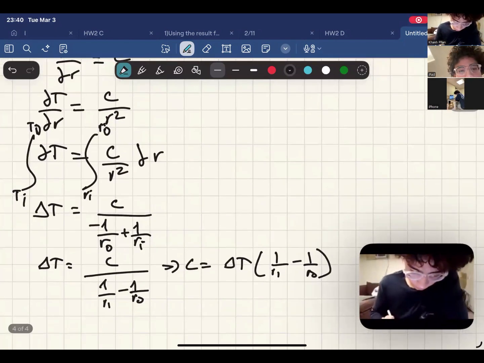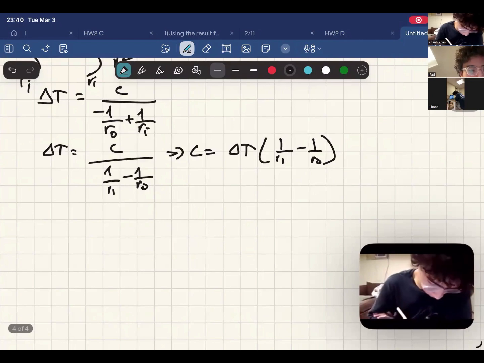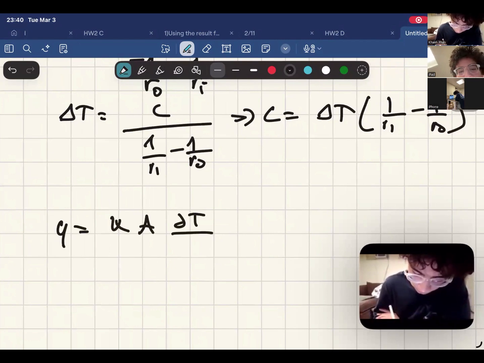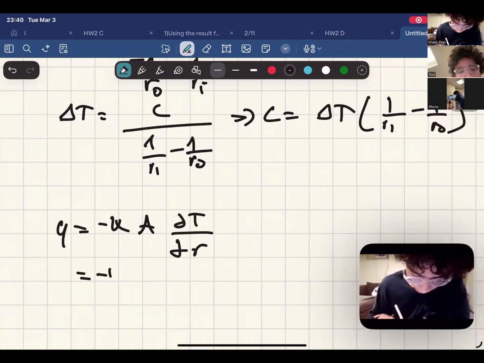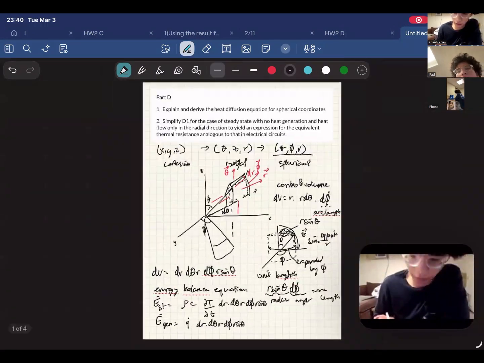Okay, and so now let's apply Fourier's law for heat conduction. Fourier's law is Q equals negative k A dT dr. A is 4 pi, so we're trying to find the outer area of the sphere.